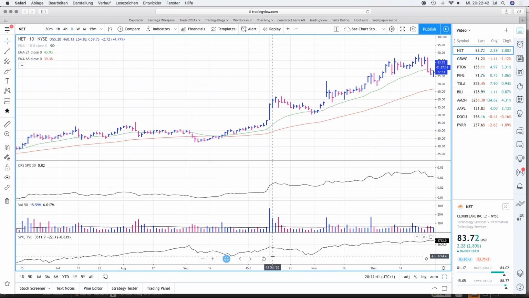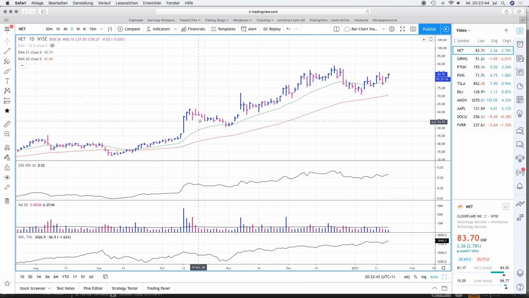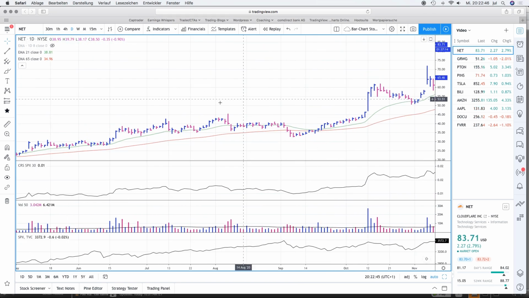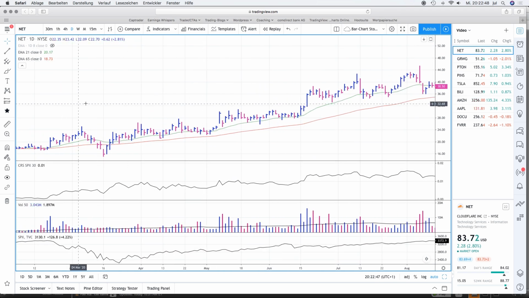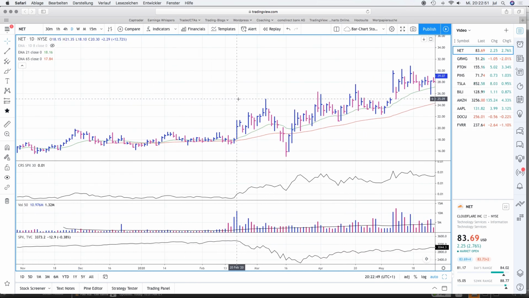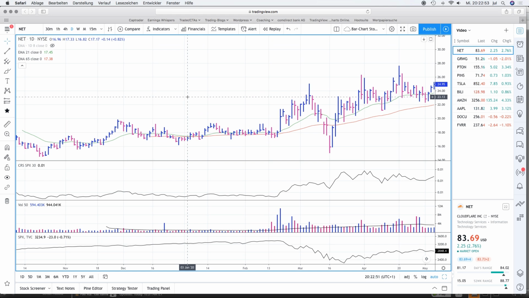If we go back in history, you can see the second state I personally prefer, which is my absolute favorite state of the RS line. This is when the RS line reaches new highs before the price.